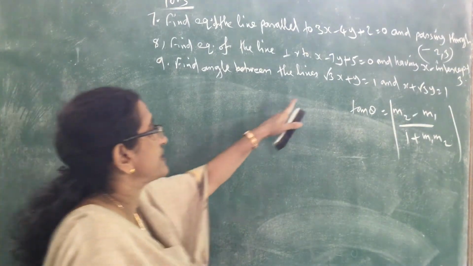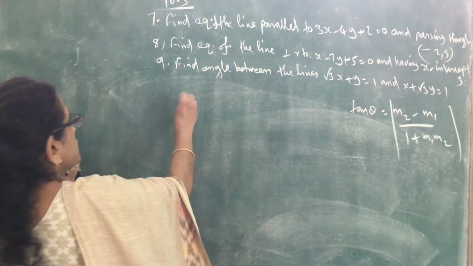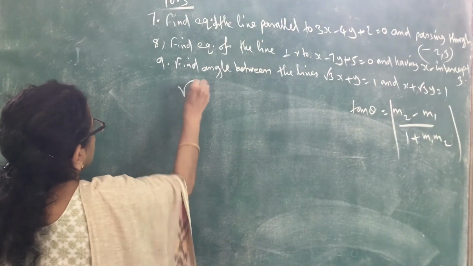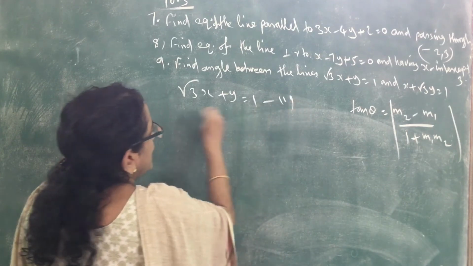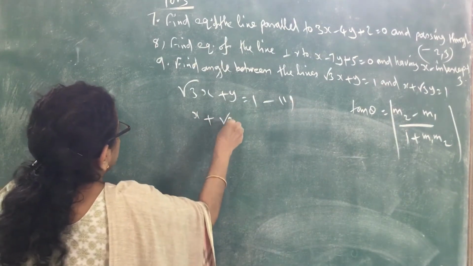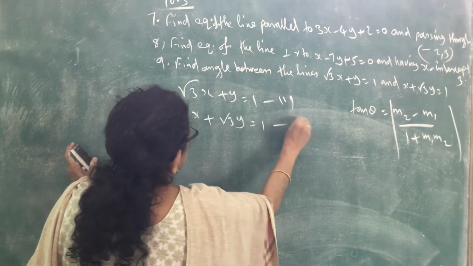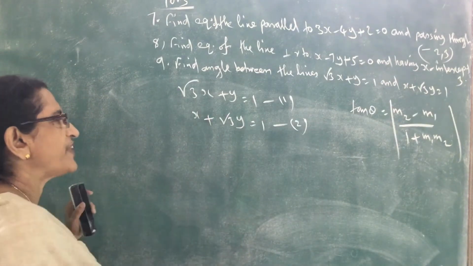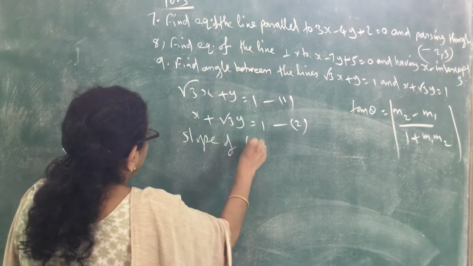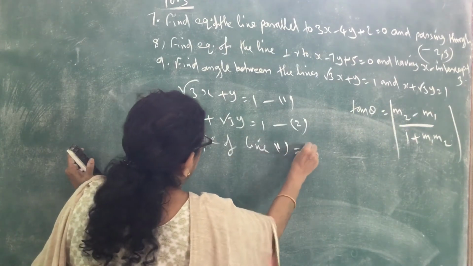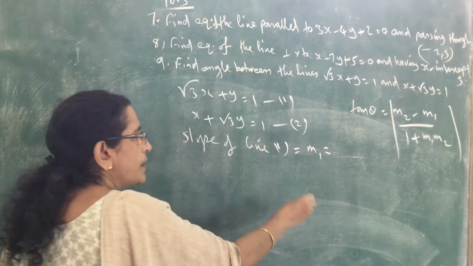So first we can find the slope of the first line. First line, root 3 x plus y equal to 1, that is equation 1, and x plus root 3 y equal to 1, that is equation 2. Slope of line 1, we can denote by m1, equal to minus a by b.